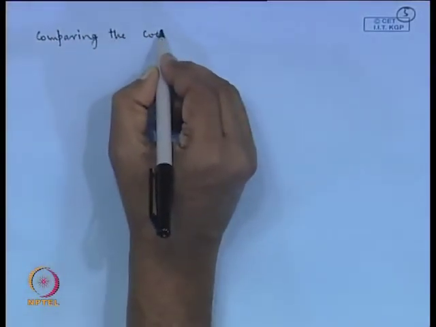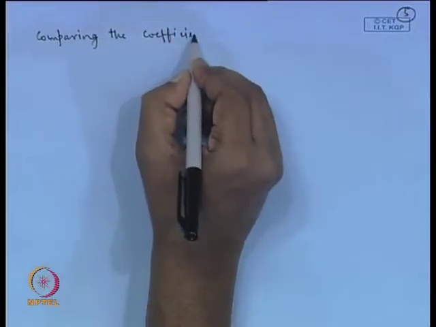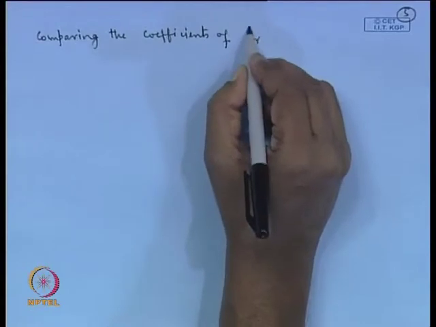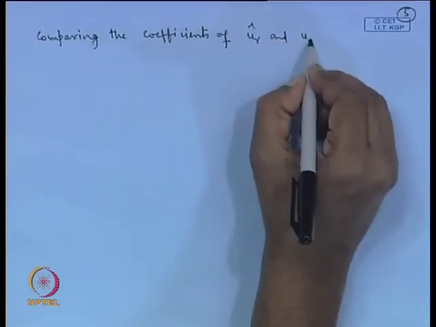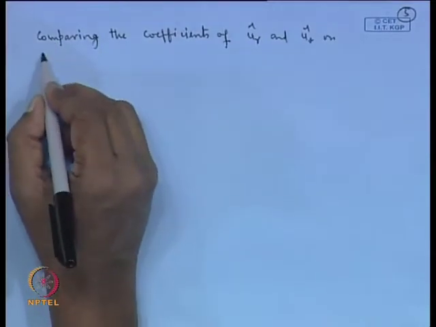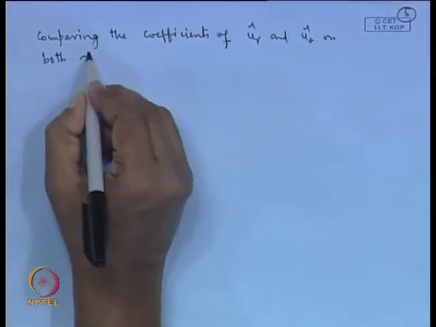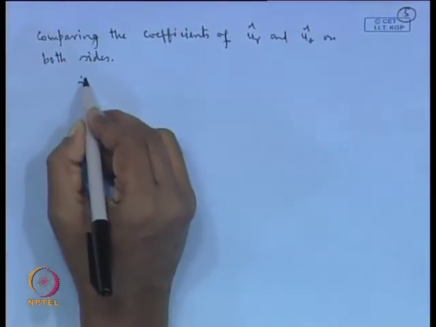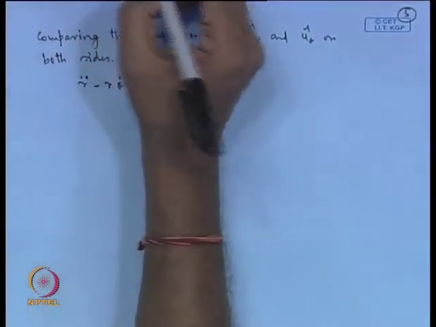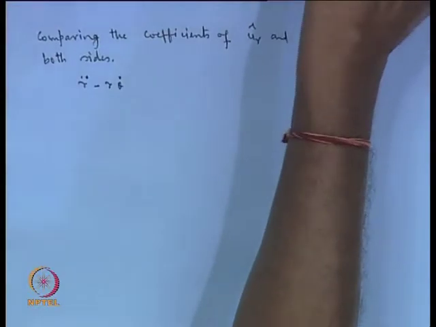Comparing the coefficients of u r and u theta on both sides, we have r double dot minus r theta dot, and here one correction is there.